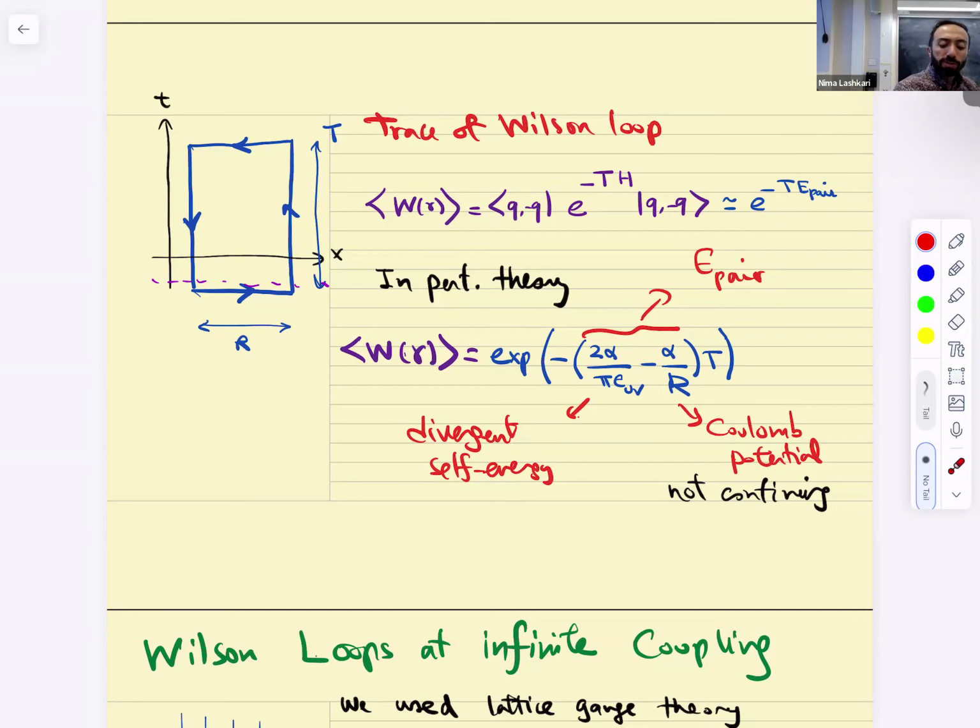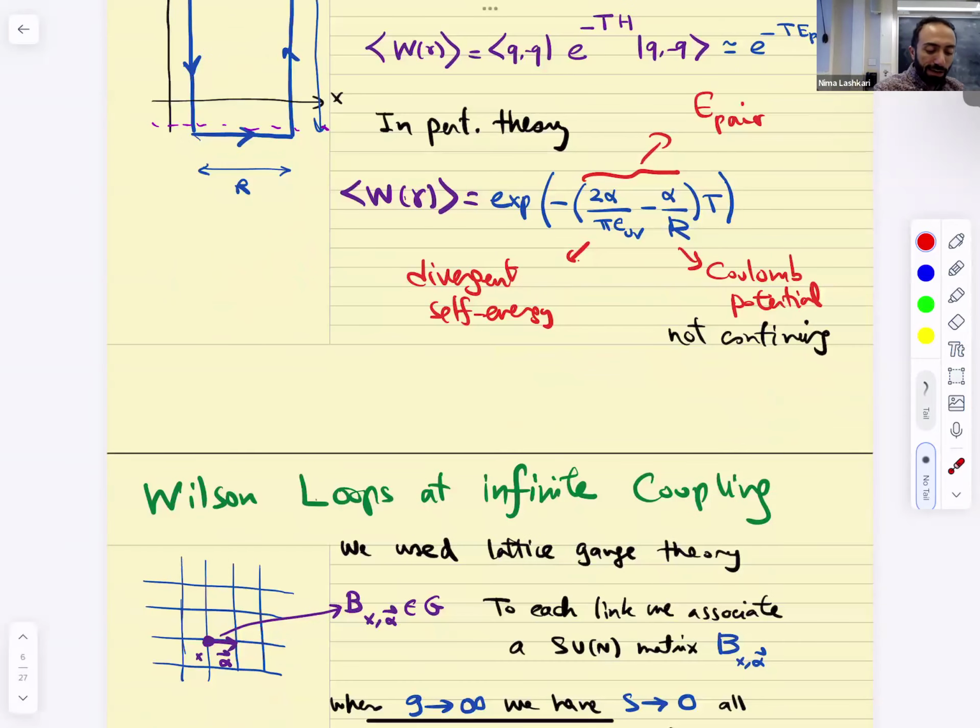In perturbation theory, we calculated this and found that this energy E pair is just 2 alpha over pi epsilon UV. This is UV infinite, so this is the divergent self energy. But the actual potential, which is how the energy changes as you stretch the string that attaches them, is alpha over r.